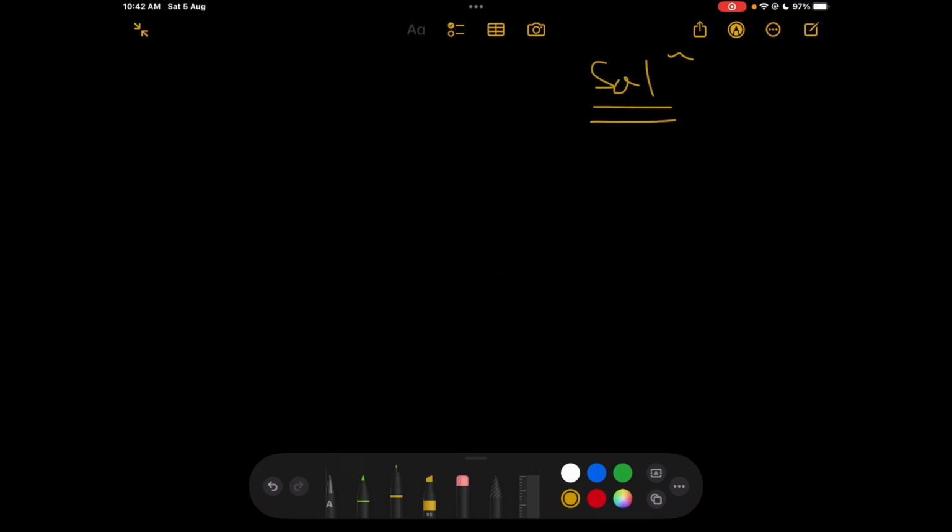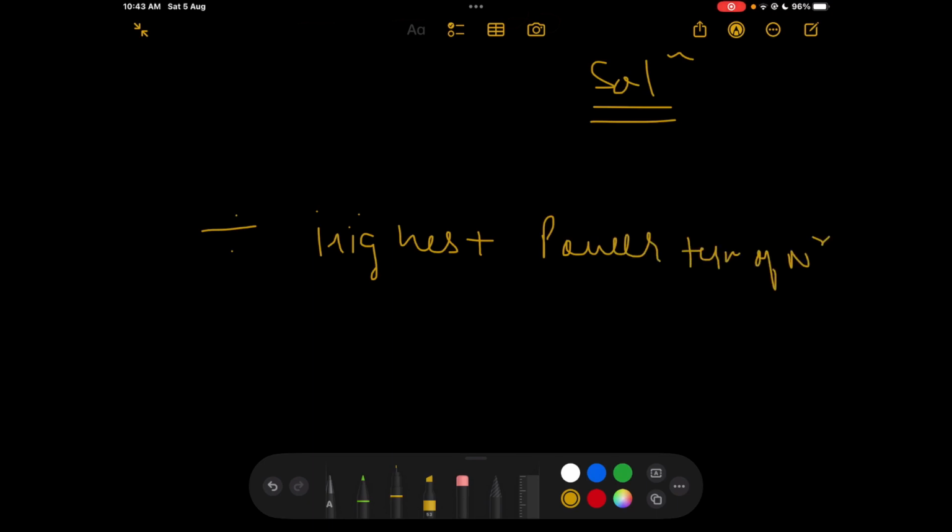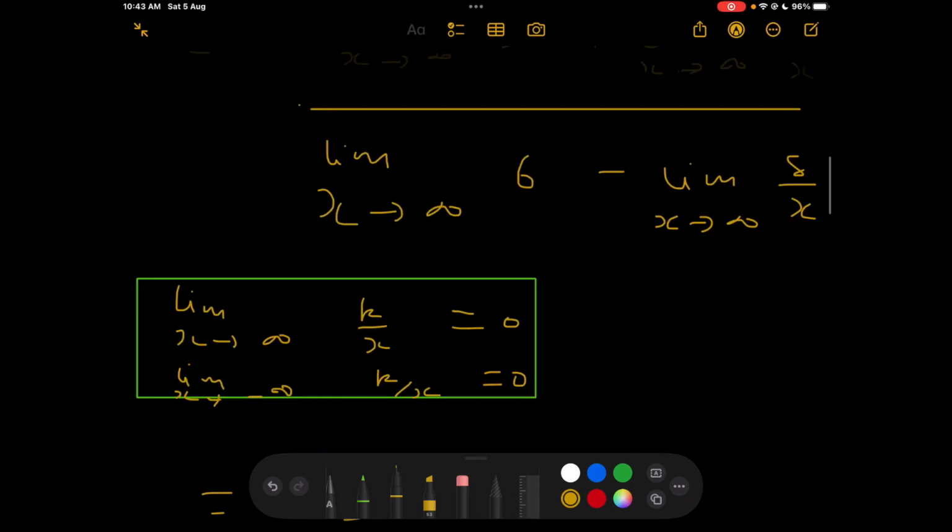Fine. Now let us talk about the shortcut solution. The shortcut solution is that you can divide the highest power term of numerator by the highest power term of denominator.